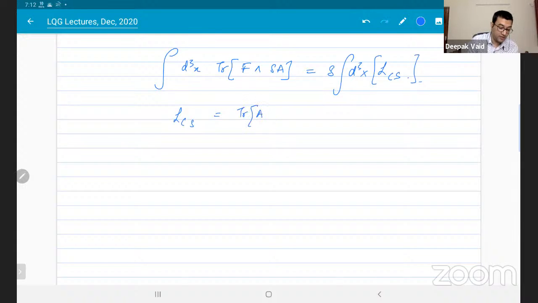Trace of A wedge dA plus 2/3 A wedge A wedge A, right? And if you calculate the differential of this, again we have seen that this differential is precisely F wedge dA. Okay.